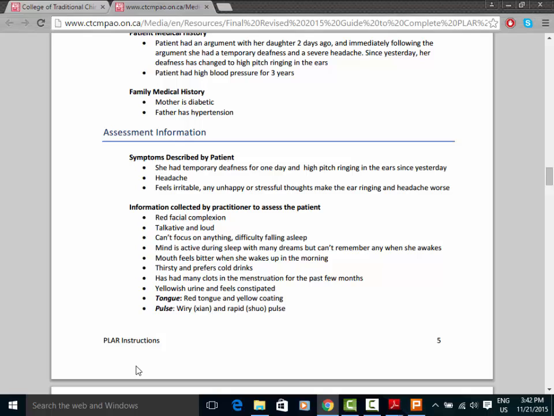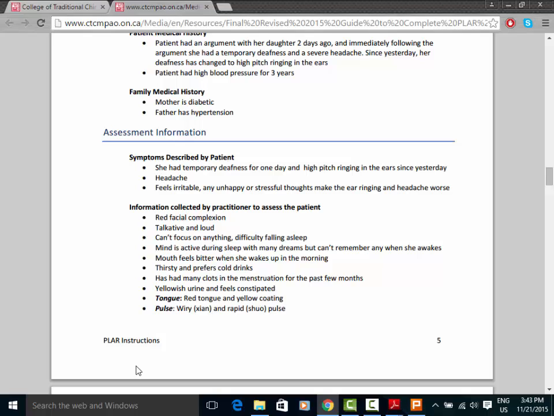Just like what I did with you, prove it. If you're going to say it, you have to prove it. Show me the signs and symptoms that prove that that's the progression, or that that's the pattern, in this case, liver stagnation that led to that. Does that make sense?